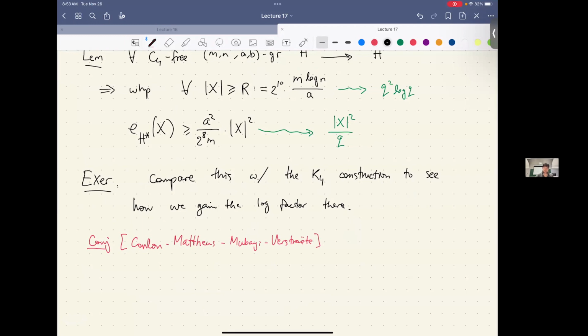They conjecture the existence of a dense, high girth biregular graph. There exists an infinite sequence of M by N vertex biregular graphs with degrees A and B on each side, of girth.